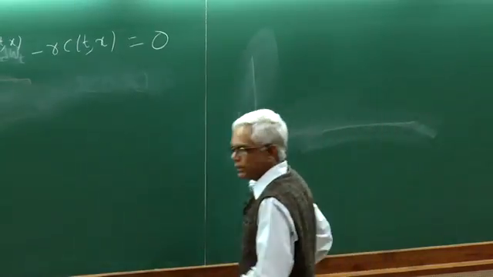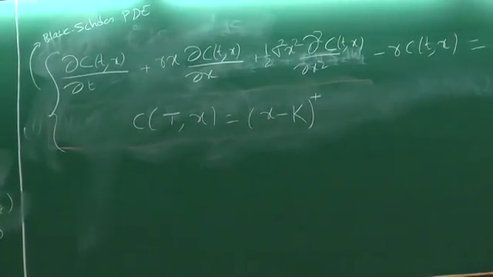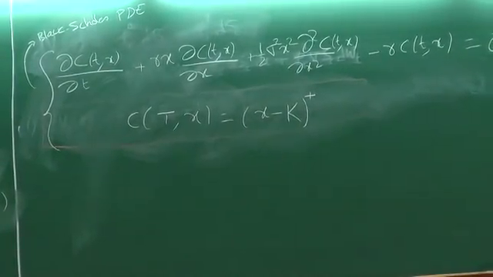Now, in my notes, the details are given, but let me write down the solution, because that will take time. The derivation is, let me write down the solution. This PDE can be solved exactly, and that is the power of Black-Scholes theory.